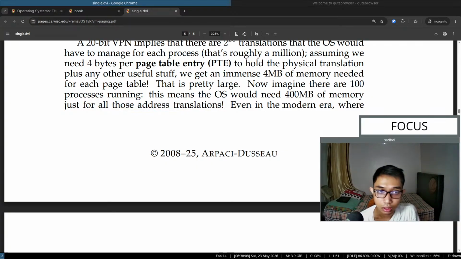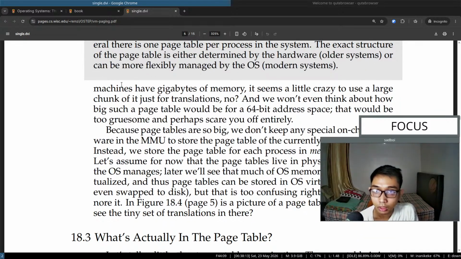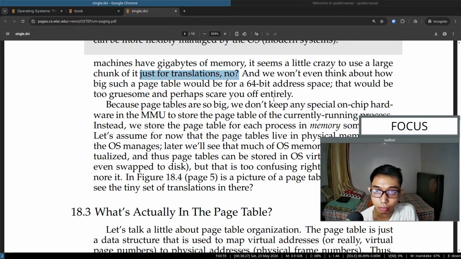Even in the modern era, where machines have gigabytes of memory, it seems a little crazy to use a large chunk of it just for translation, no? And we won't even think about how big such a page table would be for a 64-bit address space. That would be too gruesome and perhaps scare you off entirely.